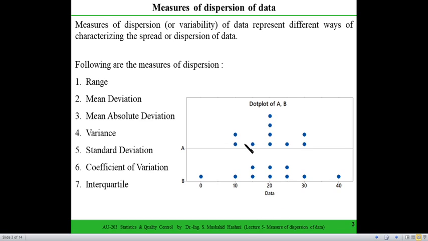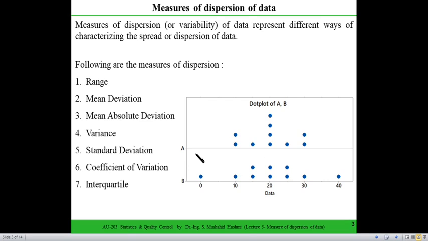Some are less than 20, some are greater than 20, but in B even some data points are 0 or 40. So there is a bigger spread of the data in data B compared with data A.